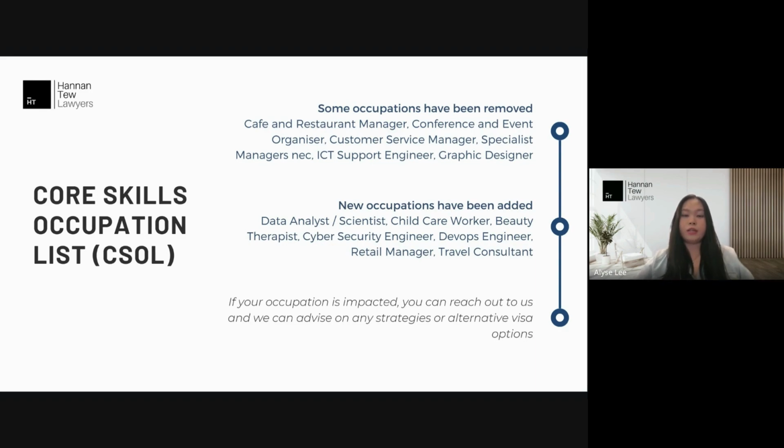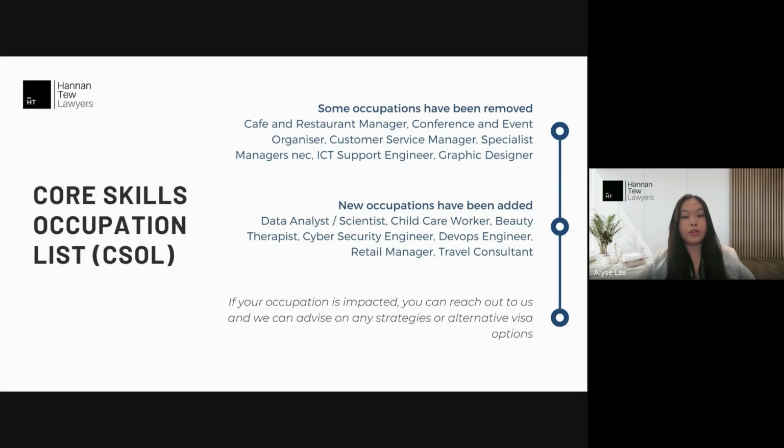So these occupations are no longer sponsorable under the current SID visa. Some of these occupations that have been removed are cafe and restaurant manager, conference and event organizer, customer service manager, specialist manager NEC, ICT support manager, and graphic designer.